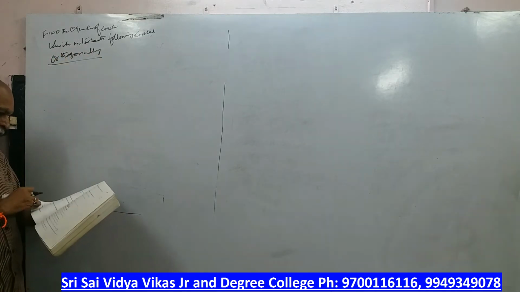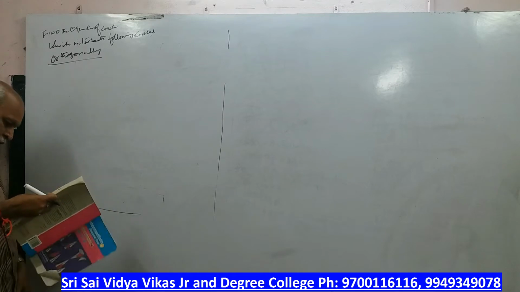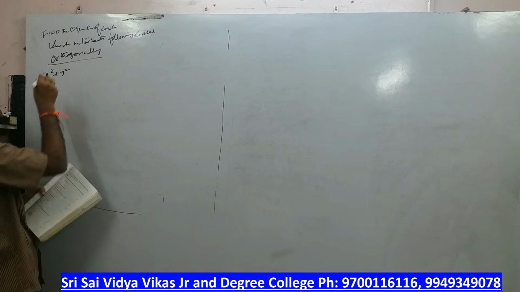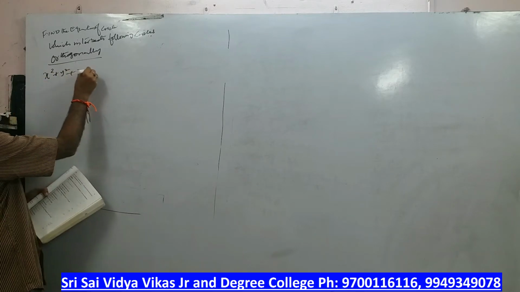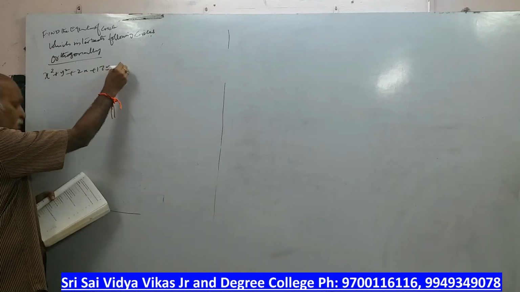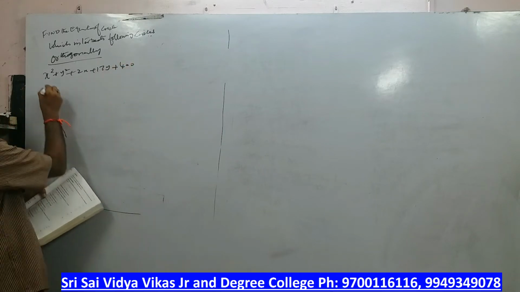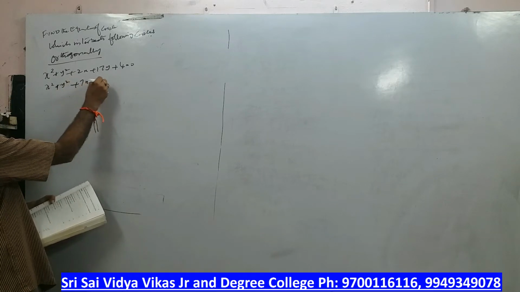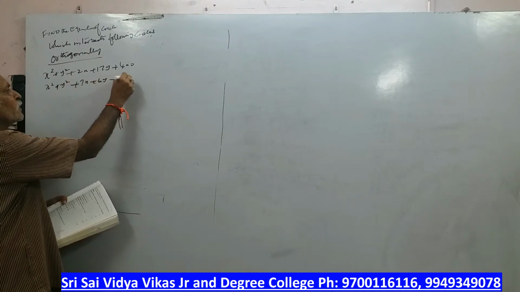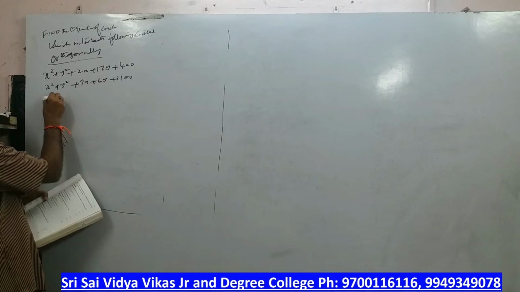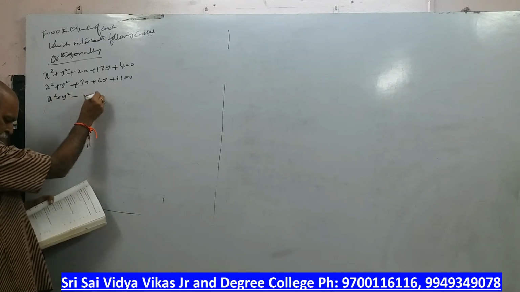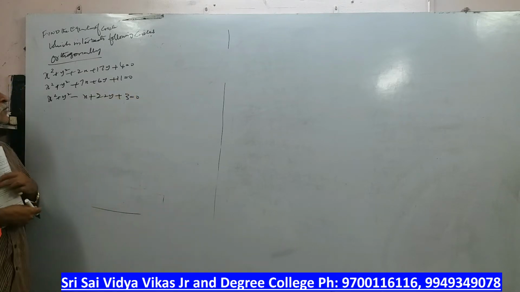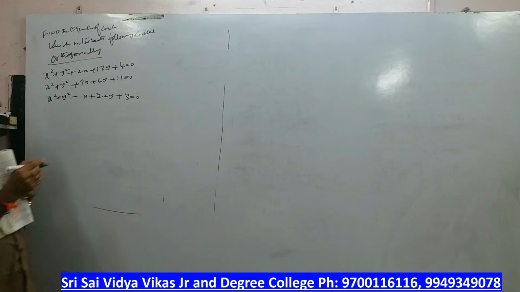The circle equations are x square plus y square plus 2x plus 17y plus 4 is equal to 0. x square plus y square plus 7x plus 6y plus 11 is equal to 0. x square plus y square. Okay. So now 3 circles are given.